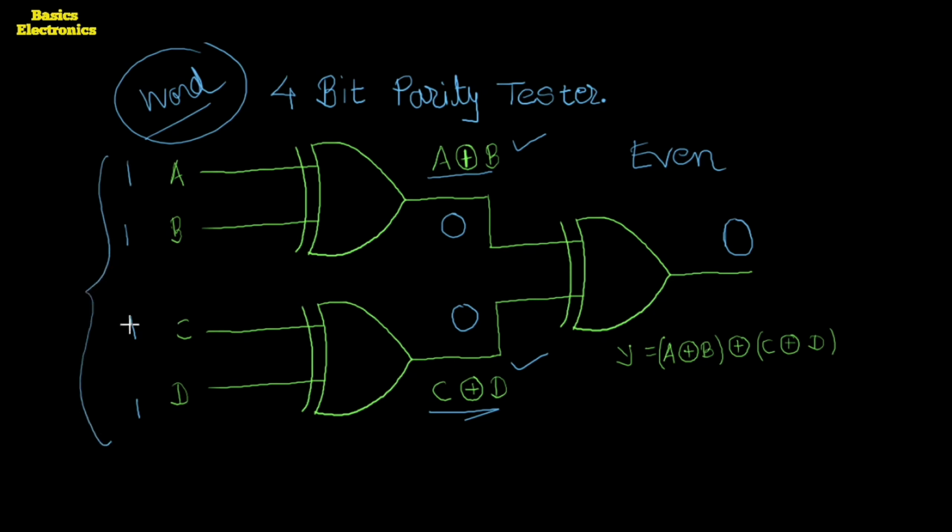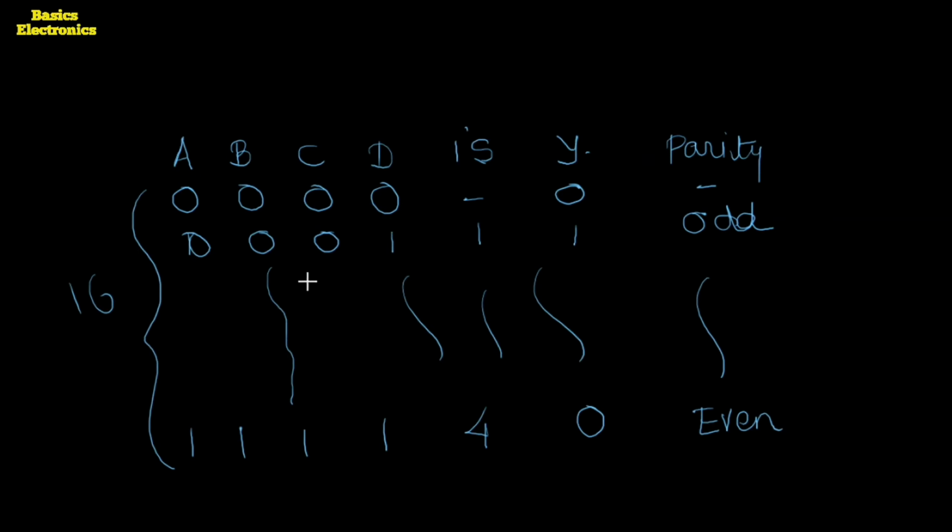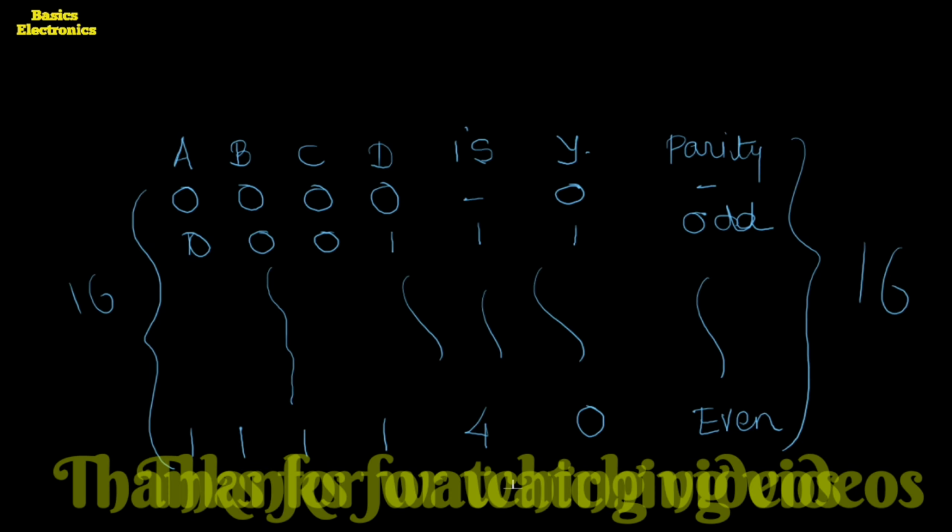You can take one example as 1111 and one example as 1101, or whatever you like. Then you have to draw the truth table, and the truth table must have all the entries, which are 16 entries.